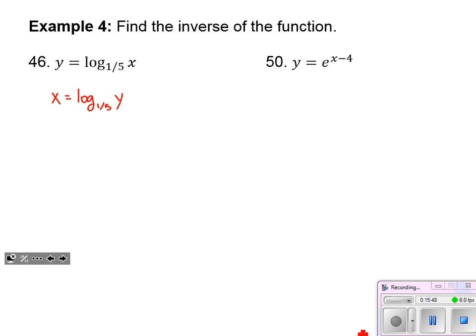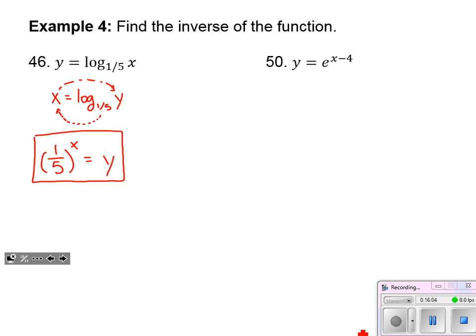And if I solve for y, I would use the definition of a logarithm. The definition of log says 1/5 to the x equals the argument of y. So 1/5 to the x equals y. And again, we reiterate that idea that a logarithm with a base of 1/5 is undoing an exponential with a base of 1/5.